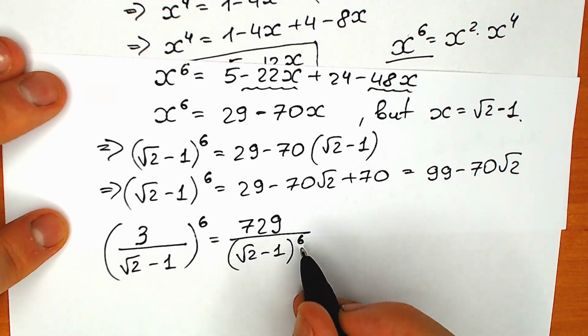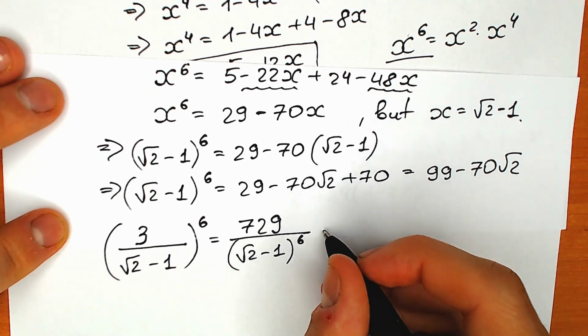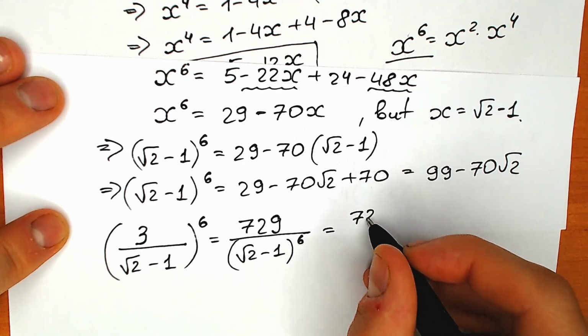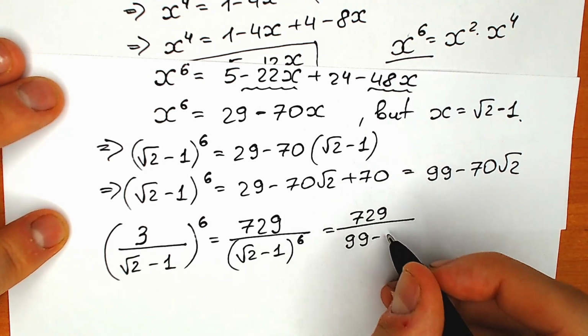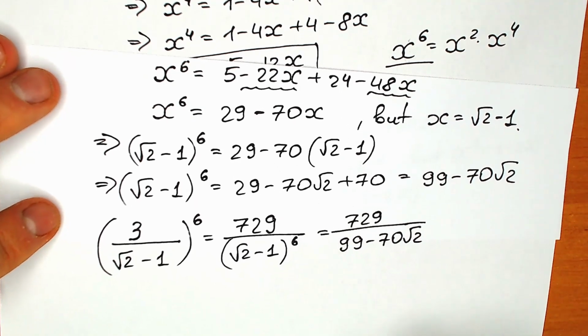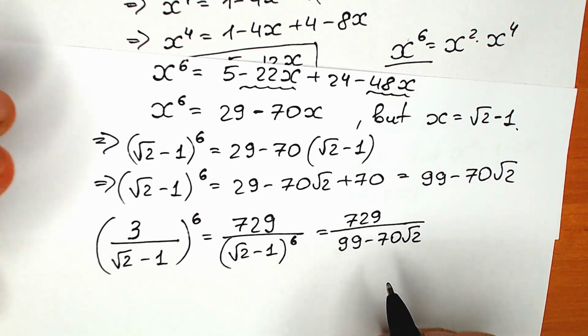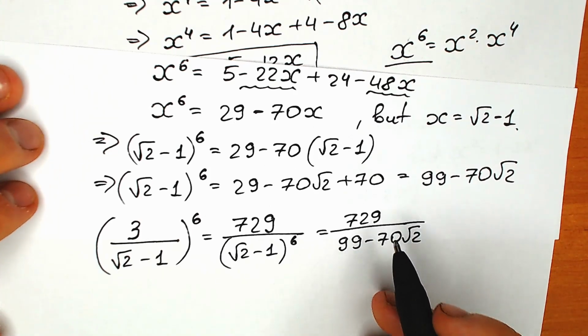So (√2 − 1) to the power 6 is what we needed to find, and right now we know everything: 99 − 70√2. So as a result, we have 729 divided by (99 − 70√2), and this is like 99% a final answer, but you can easily make it better for your teacher by multiplying both sides by the conjugate expression.